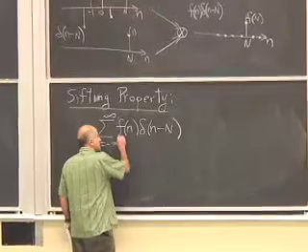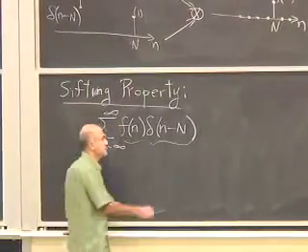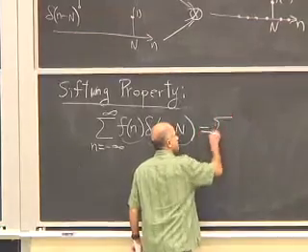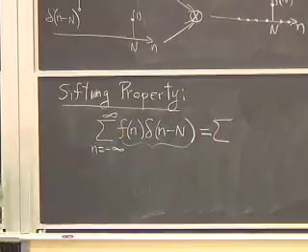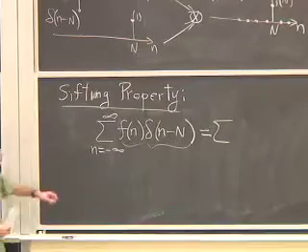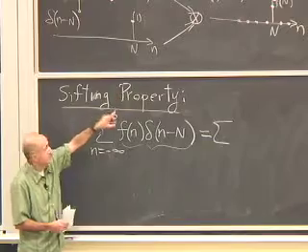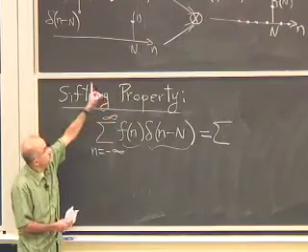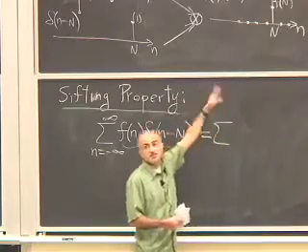So we've already talked about this product. And what is that product? Actually, before I write equations, you should be able to tell me the answer. Because what I'm saying is, look at the product of those two signals and sum the values of that signal on the right-hand side, from minus infinity to infinity.